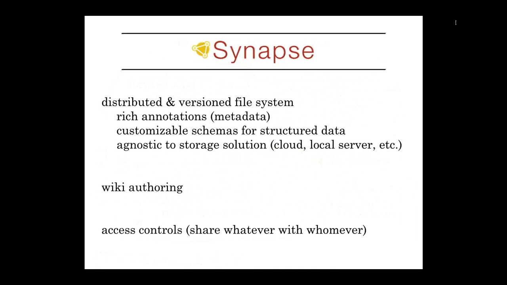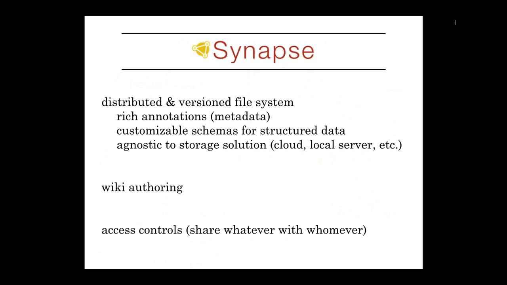And we're also agnostic to a storage solution. So Synapse provides, again, this aggregation of resources. By default, we store things in Amazon S3 for things that are quote-unquote natively stored in Synapse. But I'll show an example too of essentially just being able to reference something that lives elsewhere on the web.